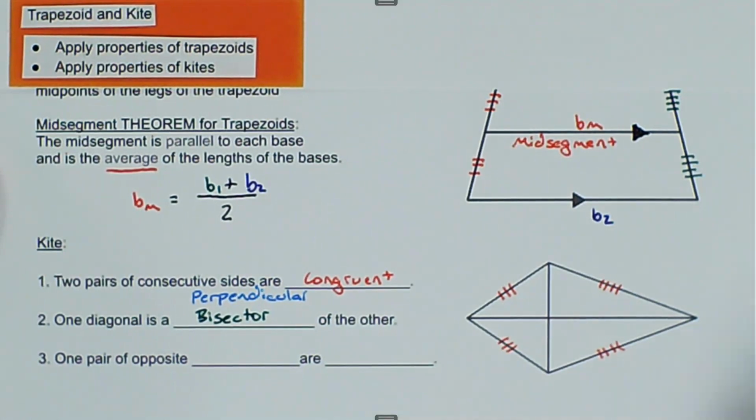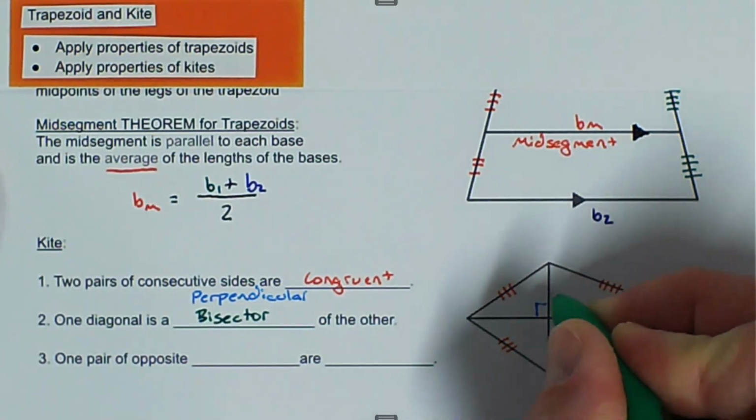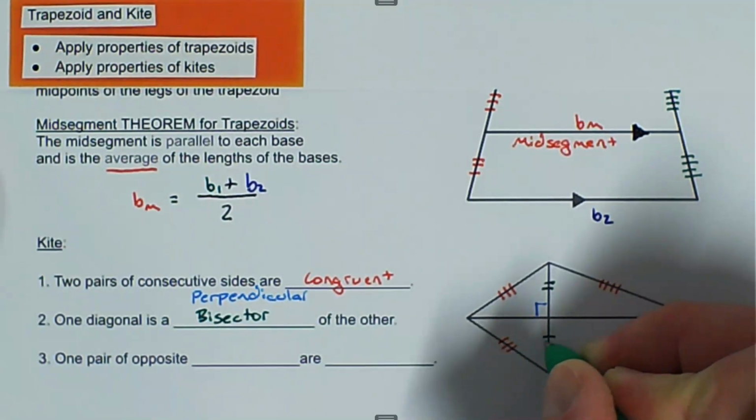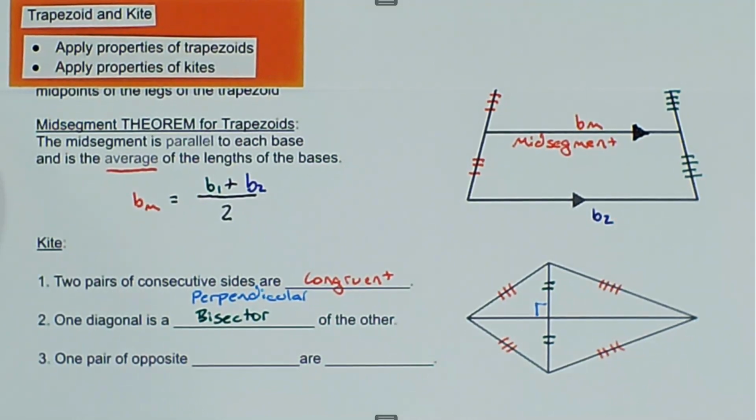Perpendicular means that all of these angles intersect at 90 degrees. And bisector means that one of these diagonals is cut in half, and we can see that we have a short and long piece, so those are not congruent. So there's only one pair of sides that are bisected.